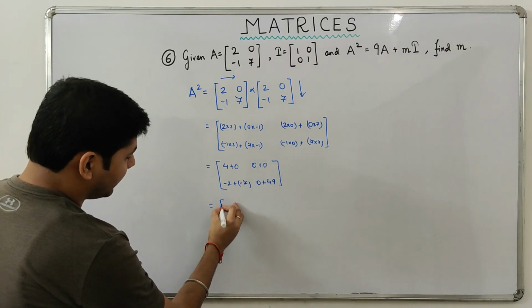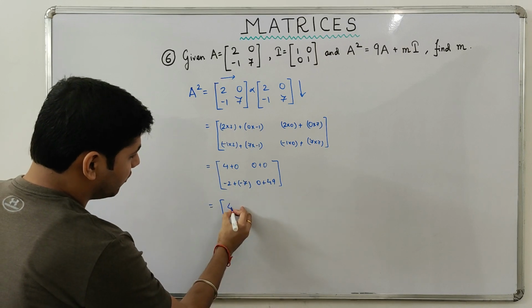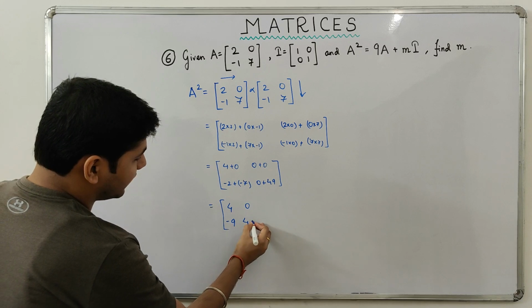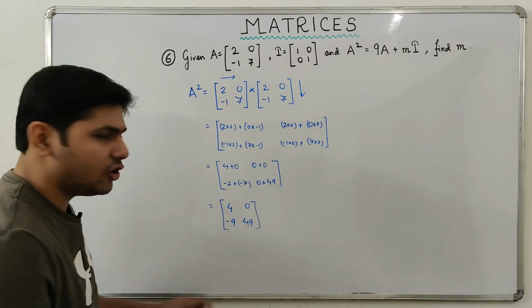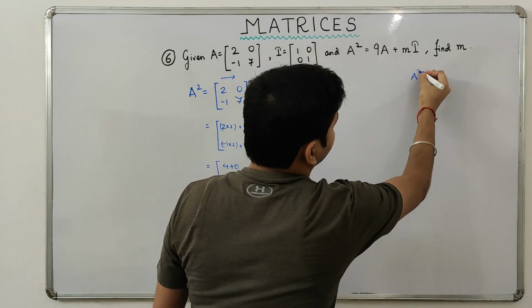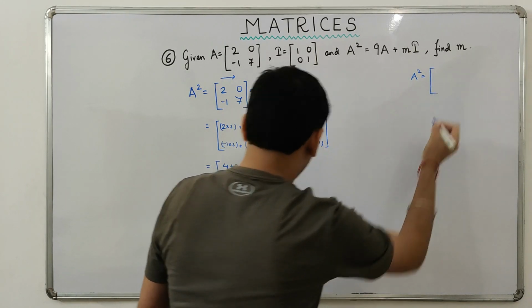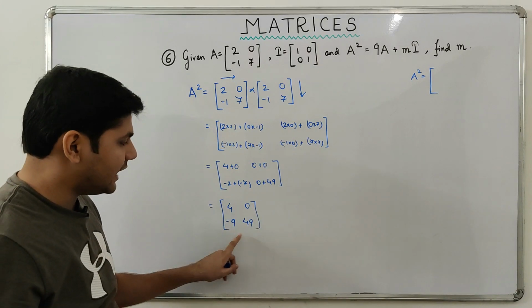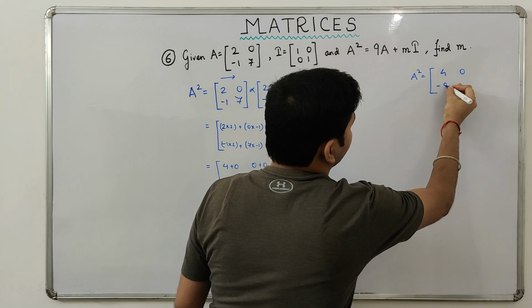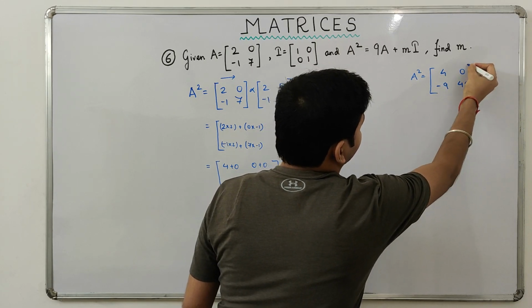The value of A square comes out to be [4 0; -9 49]. So we get the value of A square. Let me write it over there in the corner.